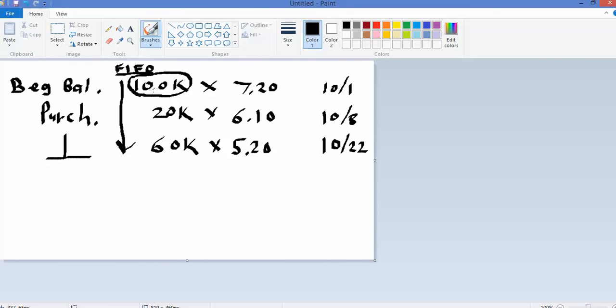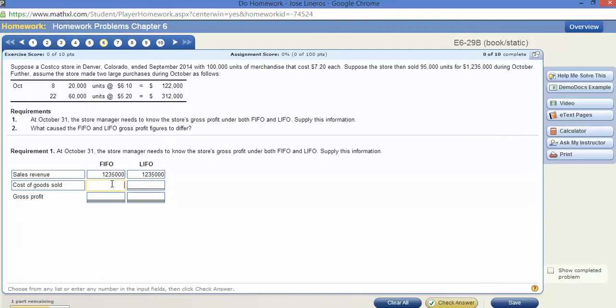So this is going to be 95,000 at $7.20. 95 times 7.2 gives you 684. So we come over here to the 684, and gross profit under that assumption would be 684 minus the 1235 is 551.